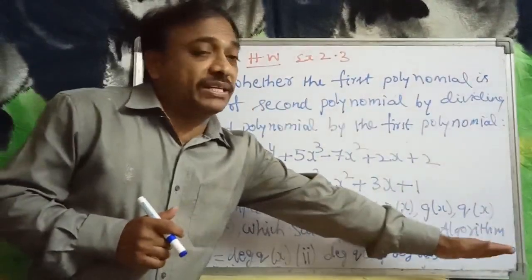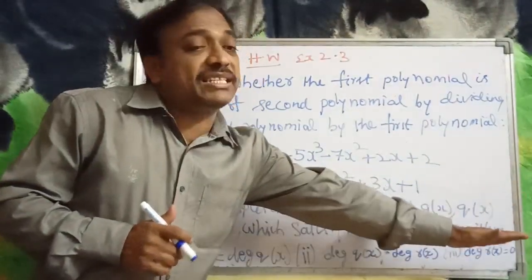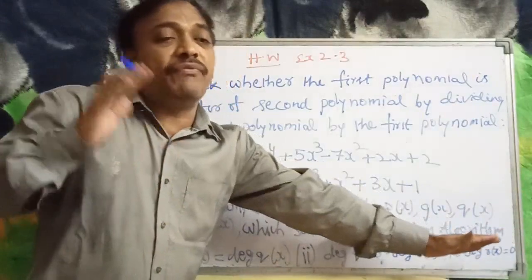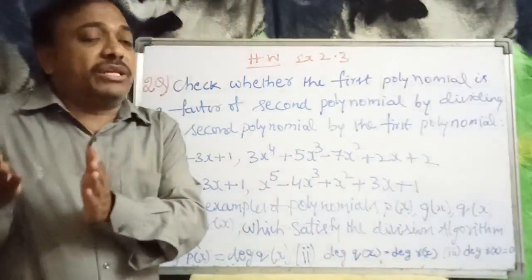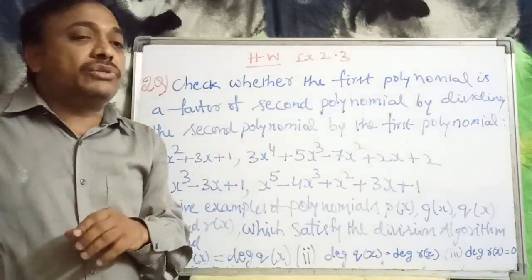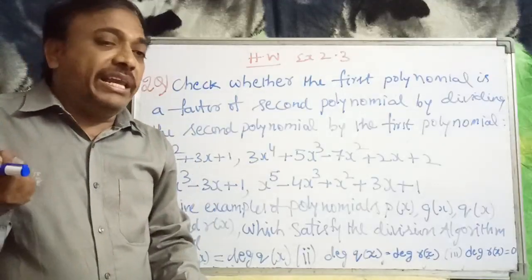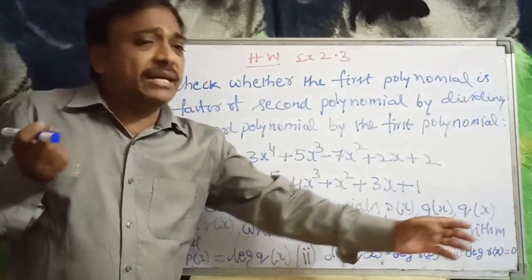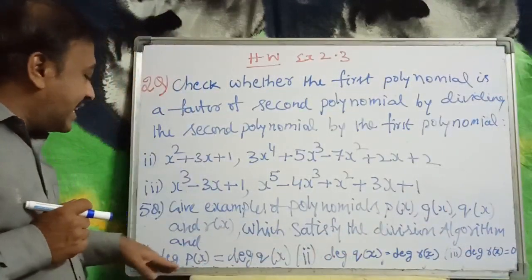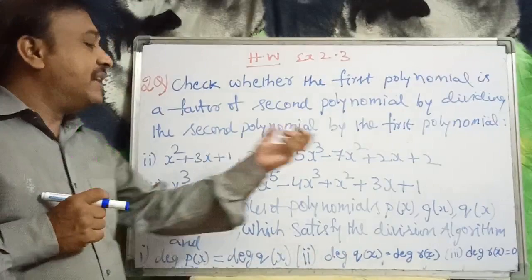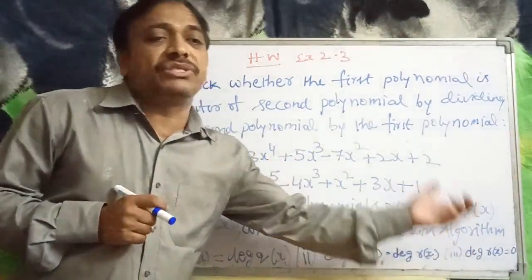Degree of r of x should be 0. That means in the remainder you should not get any variable. These are the conditions: the first question is separate, the second separate, the third separate.